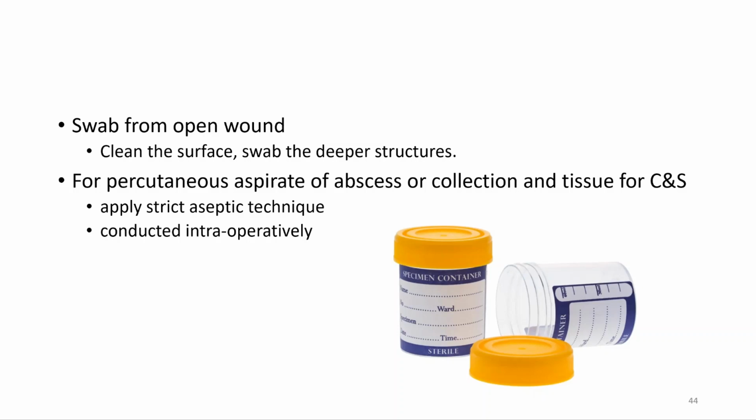The process of inflammation or infection usually occurs in the viable tissue. If you happen to localize a lesion, rather than take a specimen from the center of the lesion, take the specimen at the edge of the lesion, where there is a higher chance for you to get a true pathogen rather than a contaminant or colonizer.